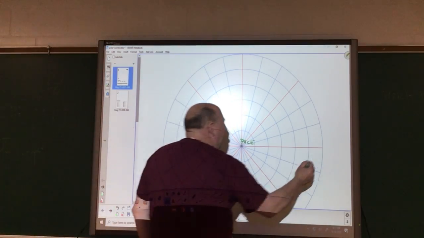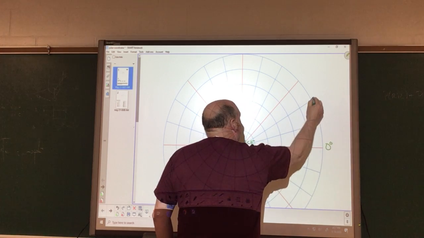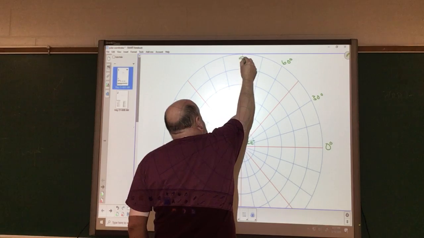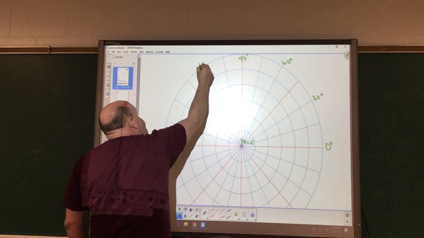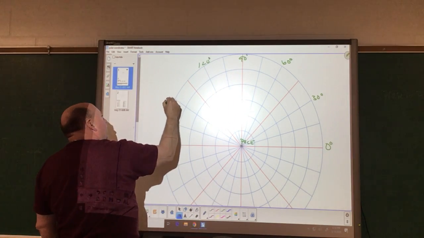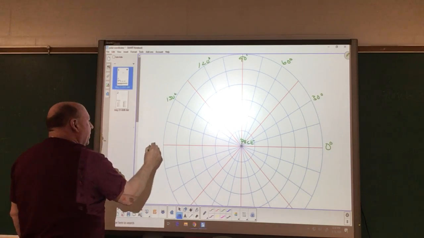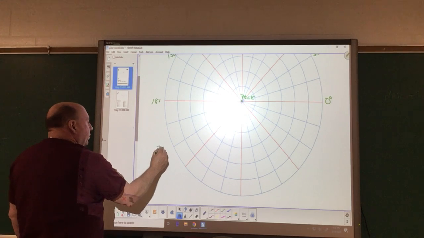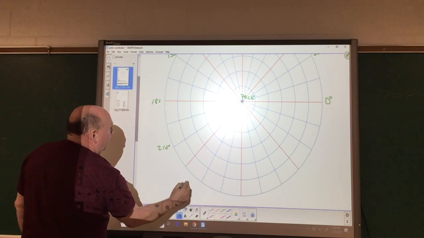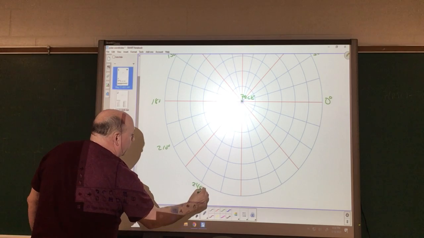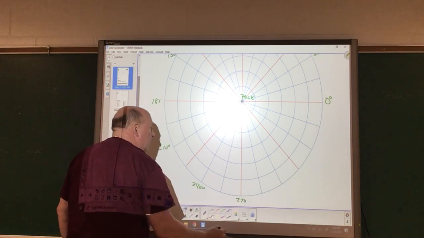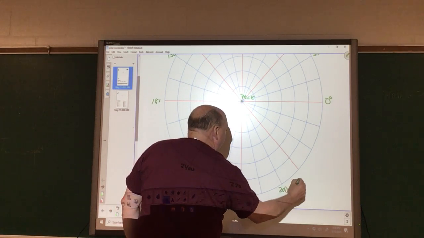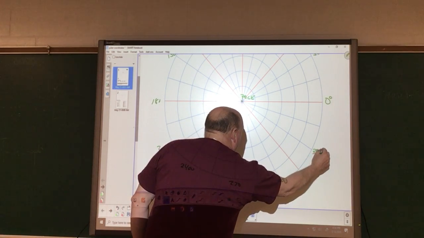This line here is 0 degrees, 30 degrees, 60 degrees, 90 degrees, 120 degrees, 150 degrees, 180 degrees, 210 degrees, 240 degrees, 270 degrees, 300 degrees, 330 degrees.